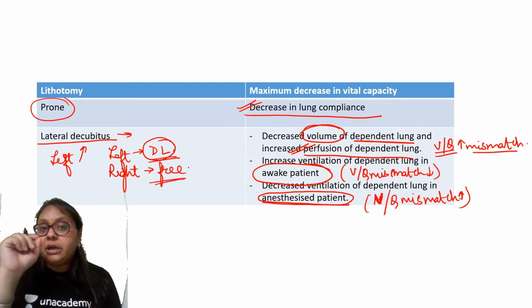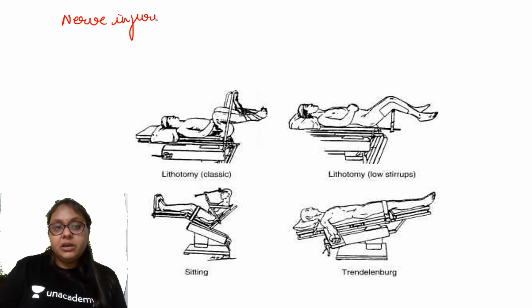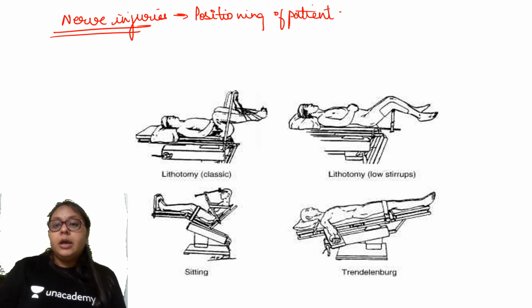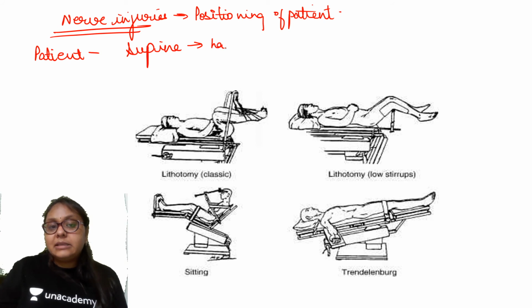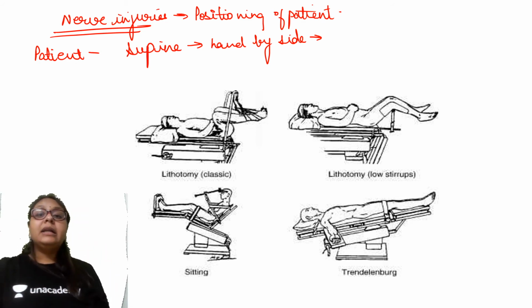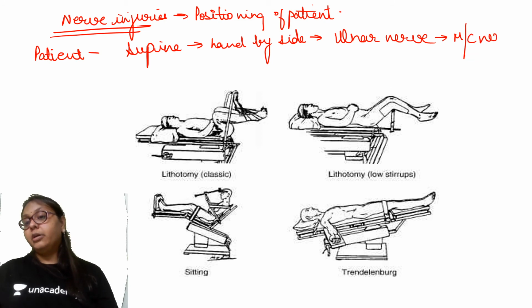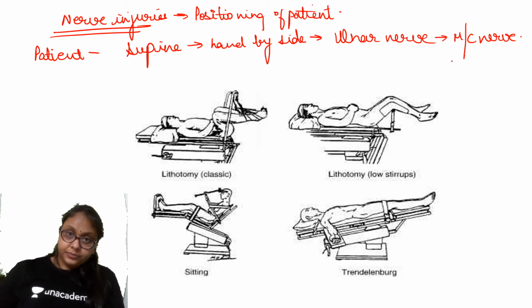Now another very important thing that you have to remember about the nerve injuries, the peripheral nerve injuries which occur due to positioning of the patient. ठीक है, so when patient is supine, hands by the side, तो क्या होगा? ओलिक्रेनॉन प्रोसेस के ऊपर डायरेक्ट प्रेशर आने की वजह से ulnar nerve is the most common nerve to get injured whenever the patient is in the supine position, and that too whenever the hand is pronated.